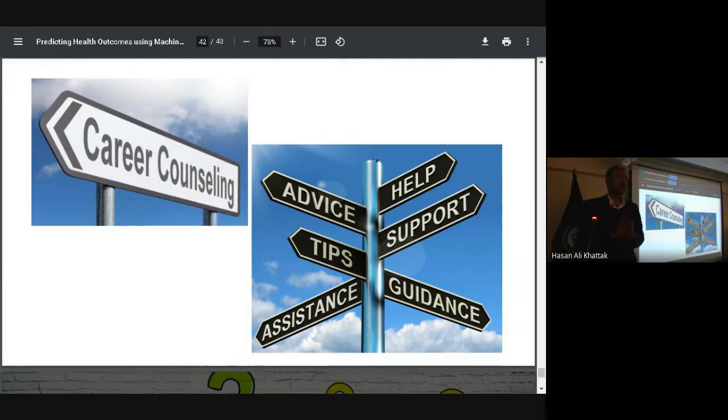Based on my several seminars over the years, I feel that students here in Pakistan need more guidance and advice on this part. So that's why I always keep this component in my talk.